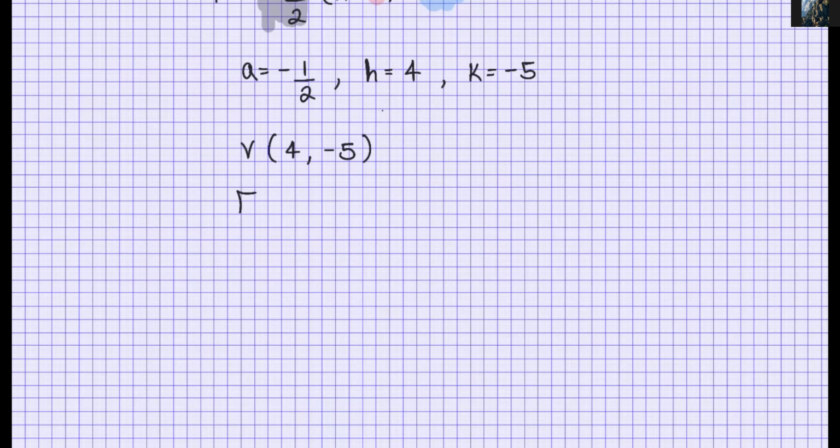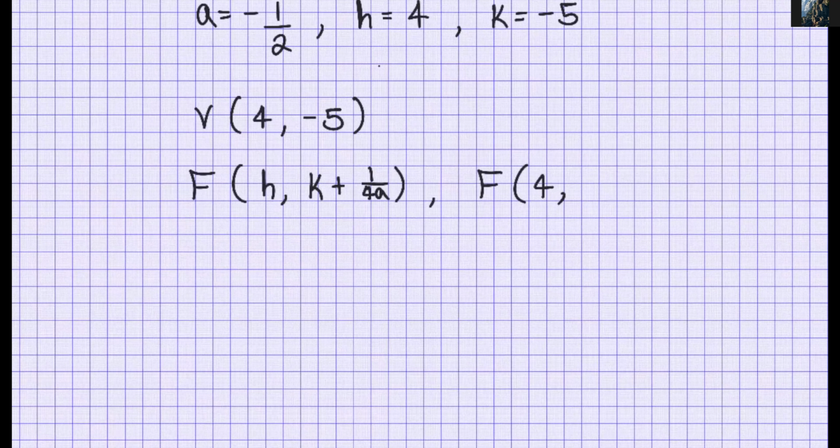The focus will be (h, k plus 1 over 4a). So the focus is found at 4 comma, and then the operation will be negative 5 plus 1 over 4 times negative 1/2.